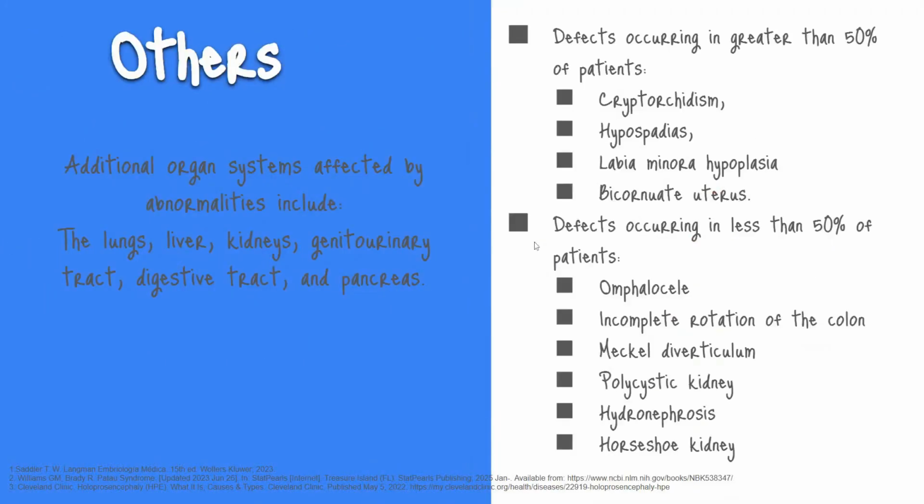Additional organ systems affected by abnormalities include the lungs, the liver, kidneys, genitourinary tract, digestive tract, and pancreas.